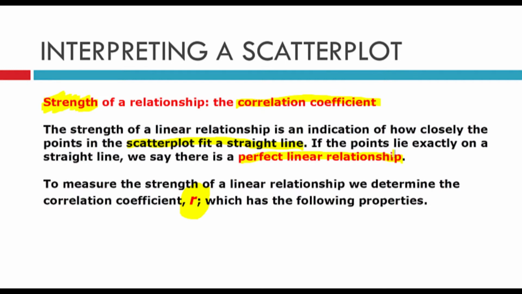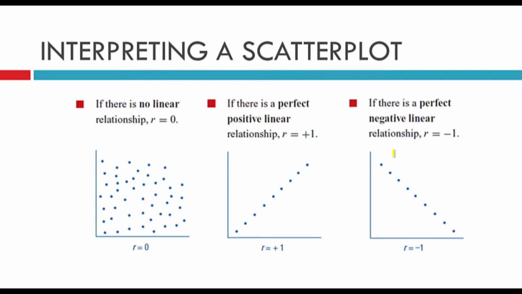To measure the strength of it, as I said, we work out the correlation coefficient, and this has the following properties. If it's scattered all over the place, as you can see in this first graph, then R equals 0. There is no way we can draw a line and say, oh yeah, there's a line here. So it is a non-linear relationship for this one. The next graph shows a perfect positive linear relationship.